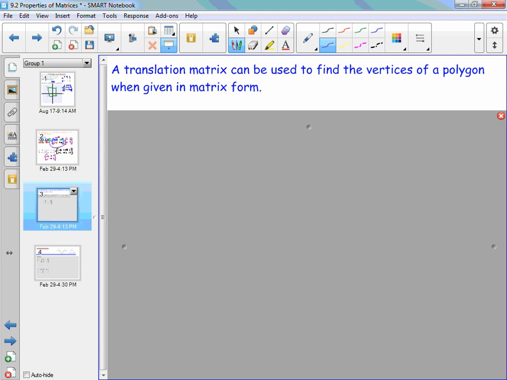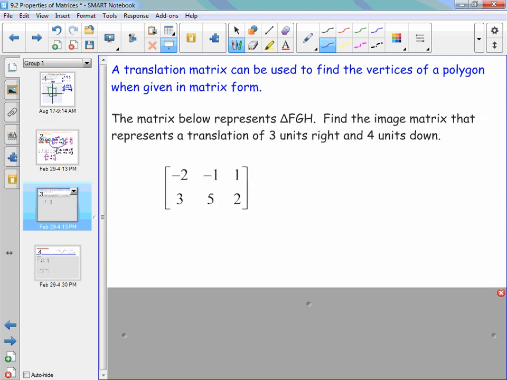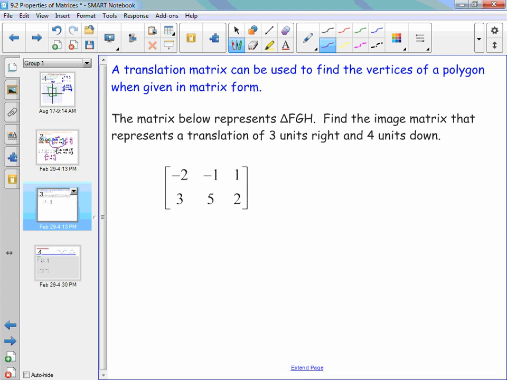A translation matrix can be used to find the vertices of a polygon when given in matrix form. The matrix below represents triangle FGH, so we will label this as FGH. Find the image matrix that represents a translation of 3 units right and 4 units down.